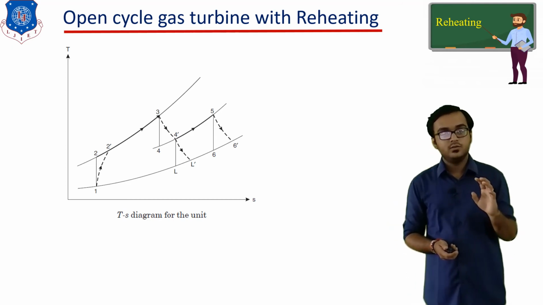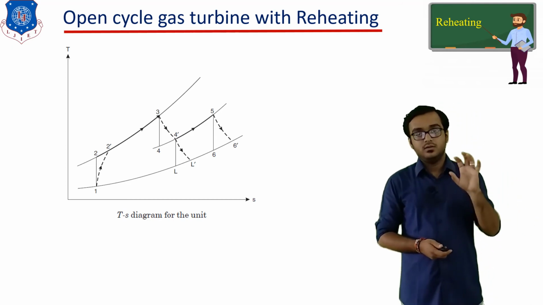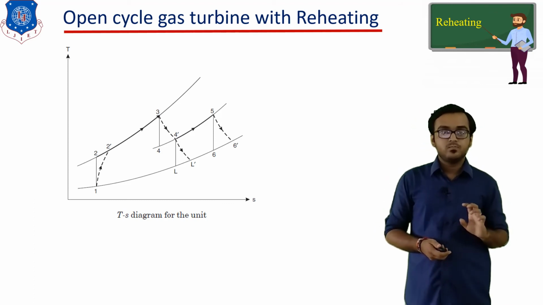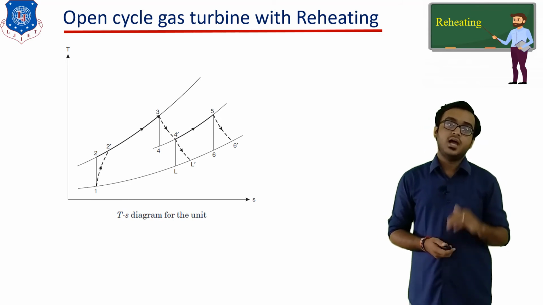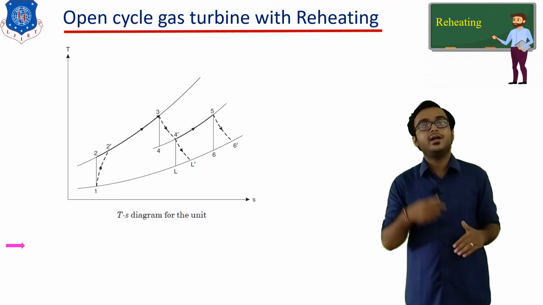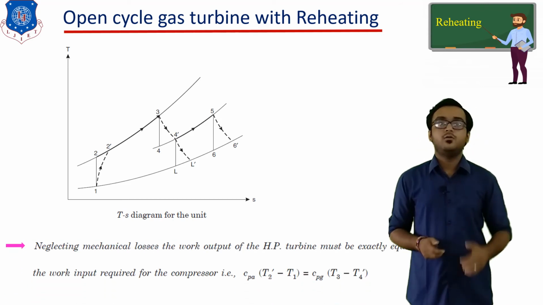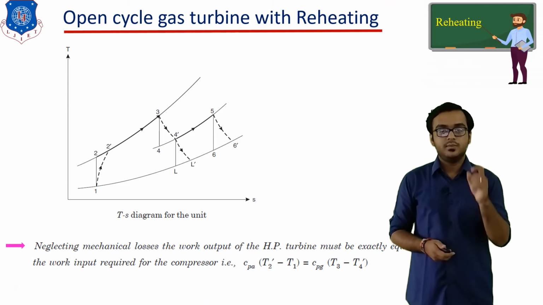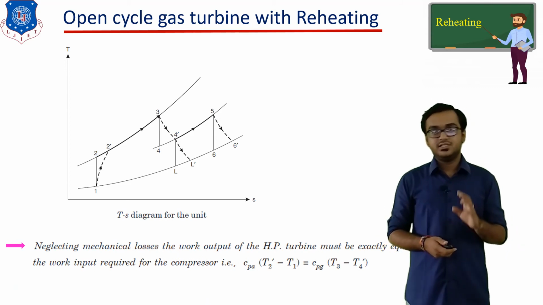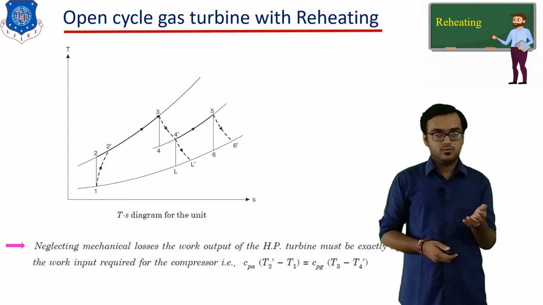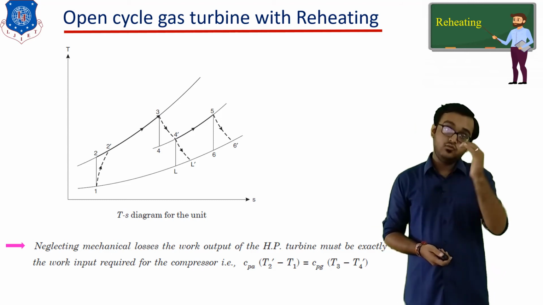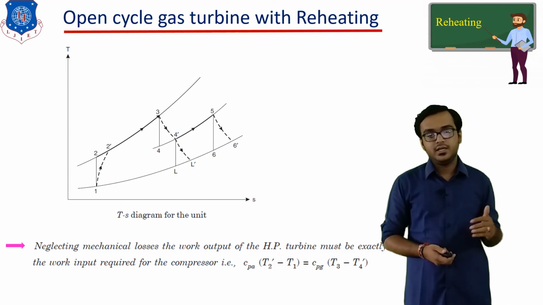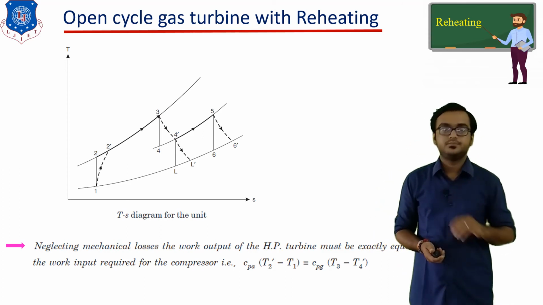Okay, you can see that the compressor work must be equivalent to the high pressure turbine work, because ultimately we are using the high pressure turbine to drive the compressor. So mathematically you can write this type of expression: Cpa(T3 minus T4') is equivalent to Cpa(T2' minus T1).